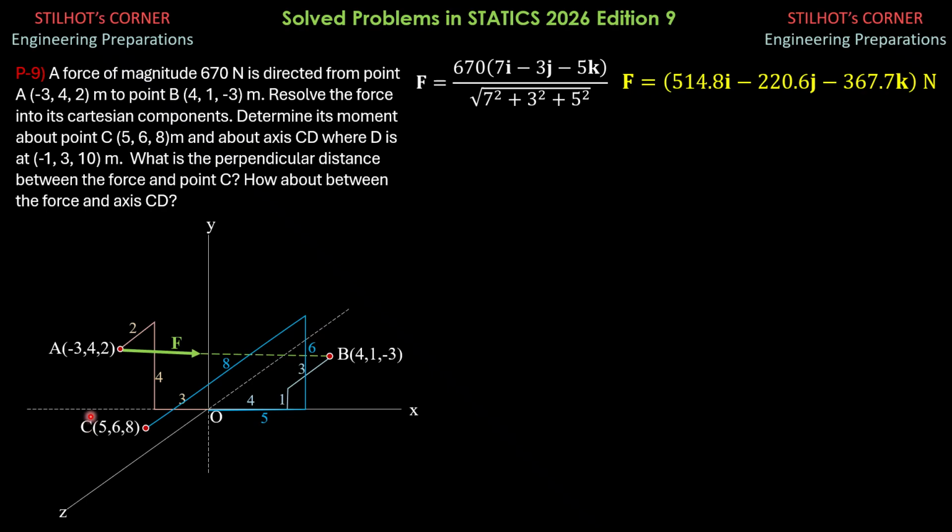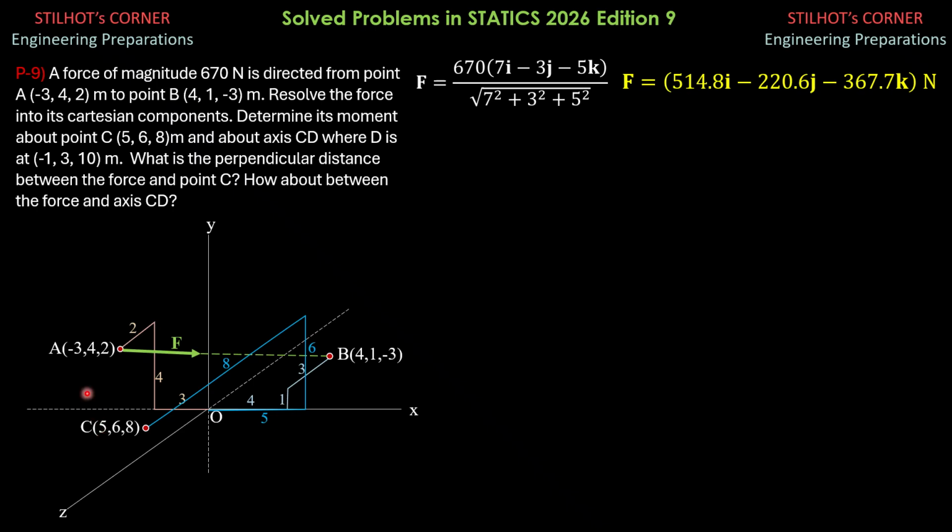So I hope that you can follow. C is to the right of A. Then with regards to elevation, A is 4 meters, C is 6 meters, so C is above A by 2 meters.